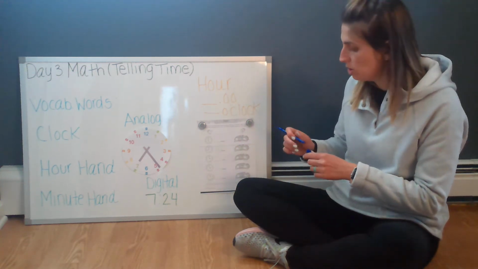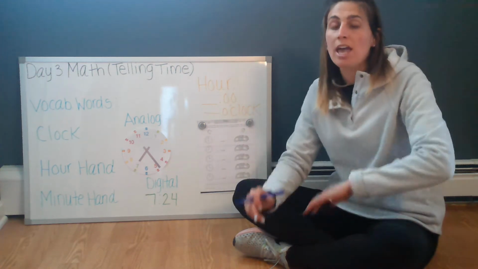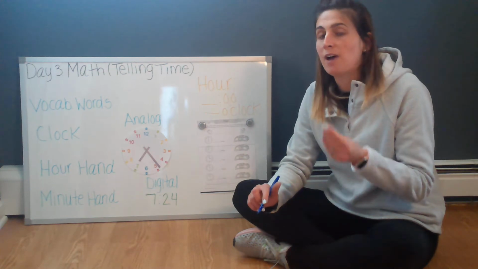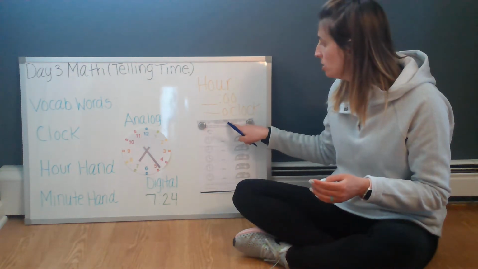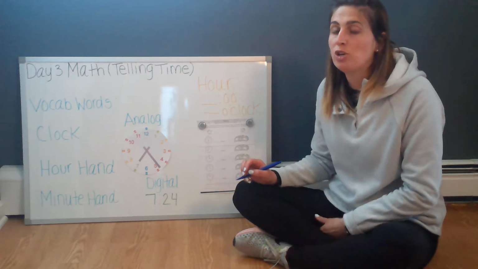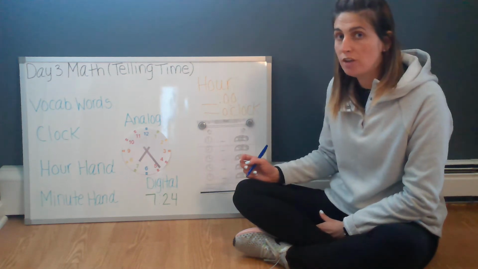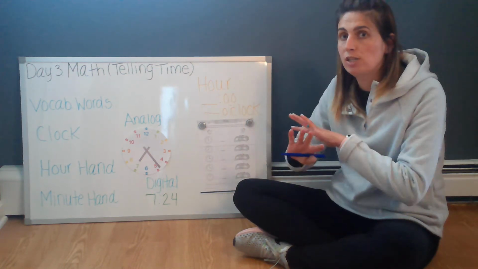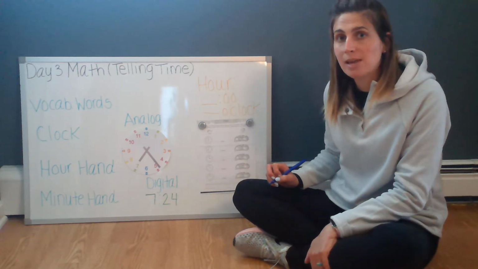So what I'd like you to do right now, if you have your worksheet in front of you, and if you need an extra minute to find the worksheet out of your packet, remember the title should say hours. I'd like you to pause the video here and then press play again when you have it in front of you. For those of you that have the worksheet in front of you, our first step, just like every time we have a worksheet, is first and last name at the top.